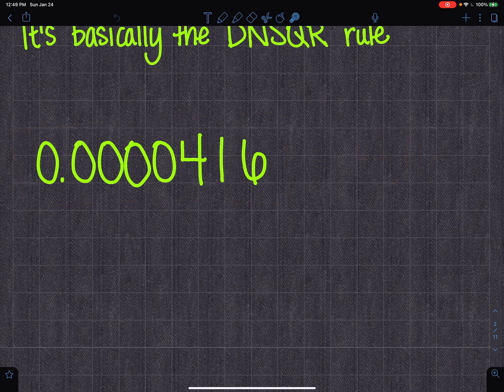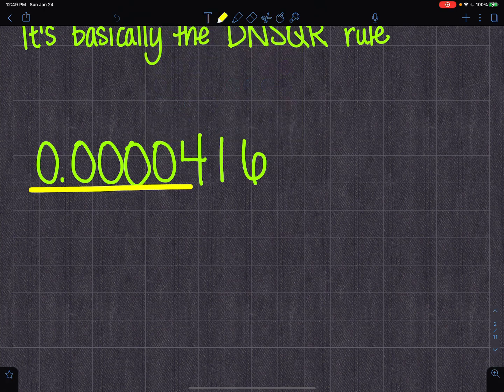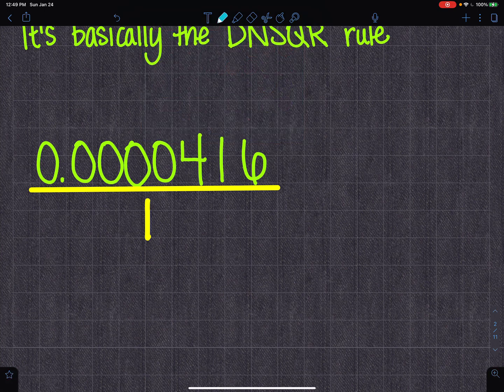So what you do is you apply the denominator rule, which means let's turn this into a fraction. This is going to be just that over 1. There's your fraction, and we're going to multiply the top and the bottom by the same number. In this situation, we figure out how many times we want to move that decimal.